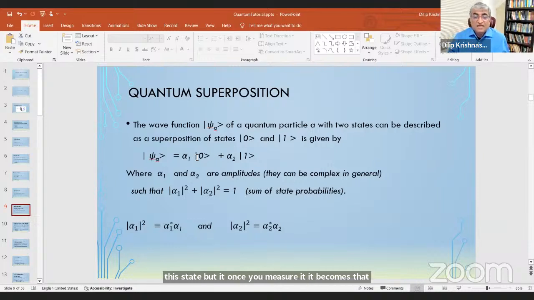But until you observe, it could be in any one of the two states.